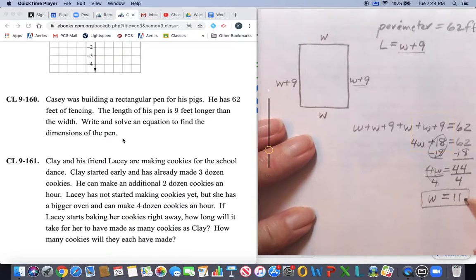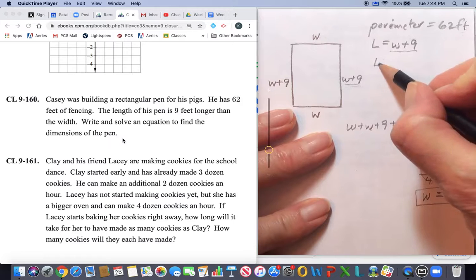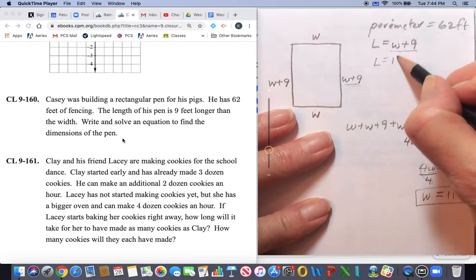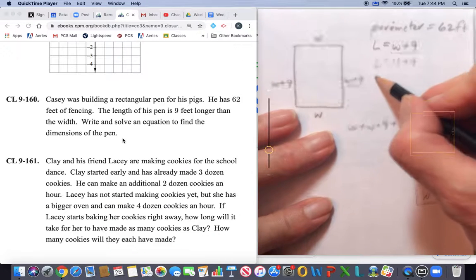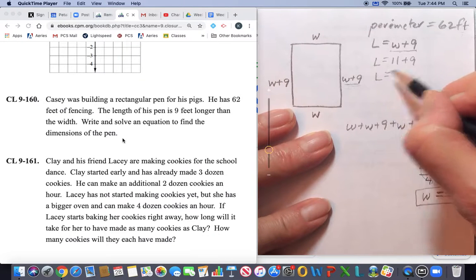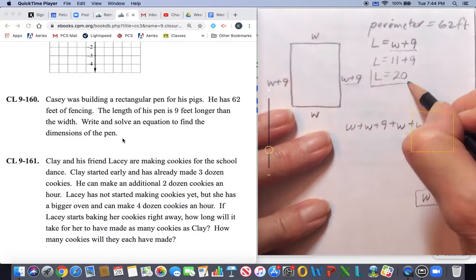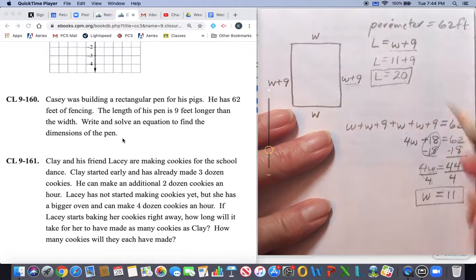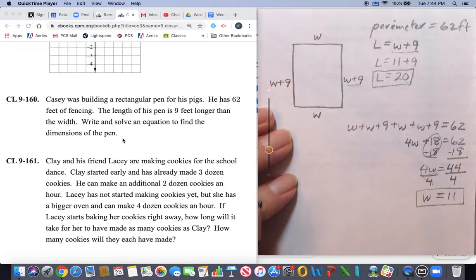And since we now know what W is, we can simply replace W with 11, 11 plus 9. And we know that that is going to be equal to 20. So the length is equal to 20, the width is equal to 11, and we have the dimensions of our pig pen.